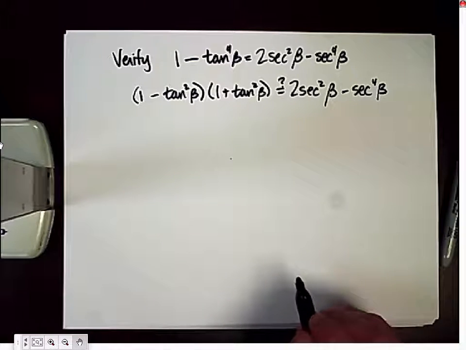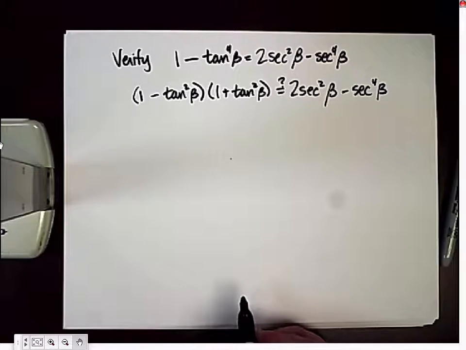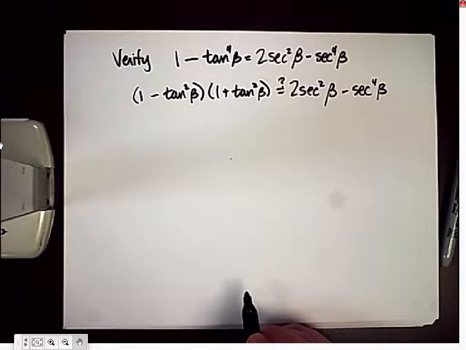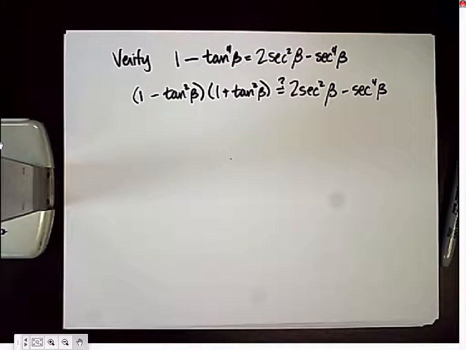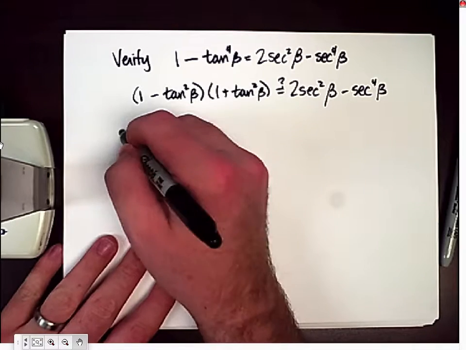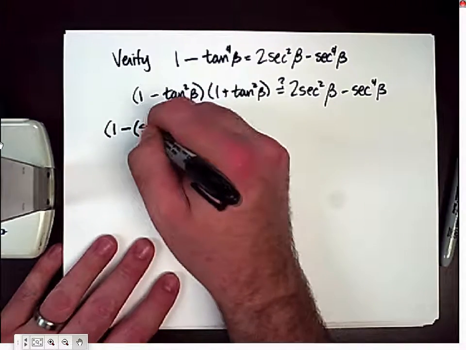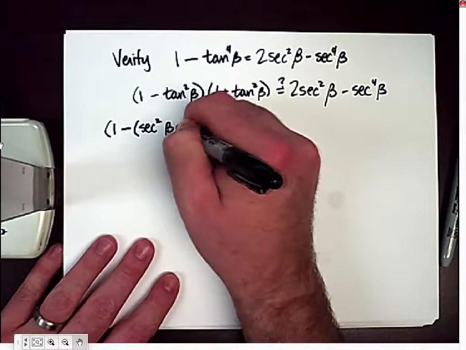Okay. Well, we do have an identity that has tangent squared in it. Tangent squared would be secant squared minus 1. Right? So in place of tangent squared, we can write secant squared beta minus 1.